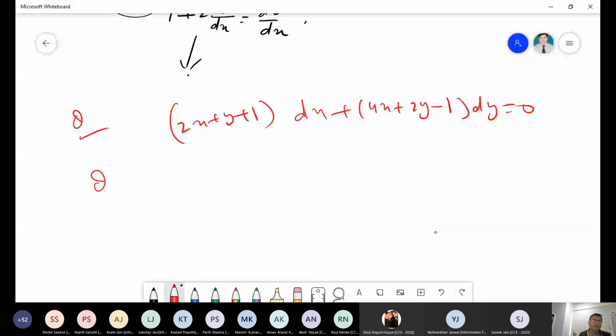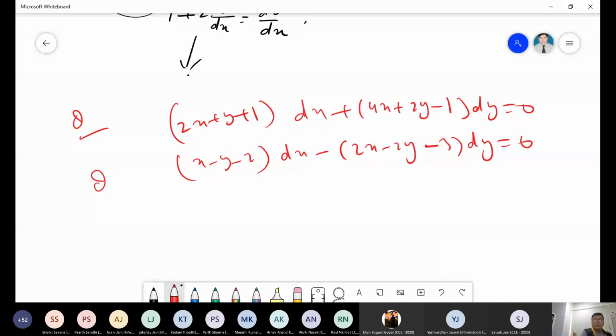And the question is: x minus y minus 2 dx minus 2x minus 2y minus 3 dy equal to 0. So these are the two questions that you have to solve as a special case, and then we'll do that one. Fine.